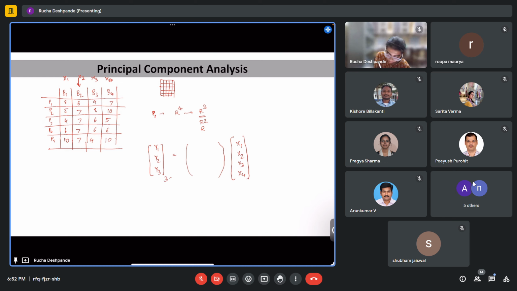So the dimensions of this matrix are 3 cross 1 and this is 4 cross 1. So if I want a 3 cross 1 in the output, this should be 3 cross 4. So we will multiply the original number of bands by a transformation matrix to get the principal component transformation output.